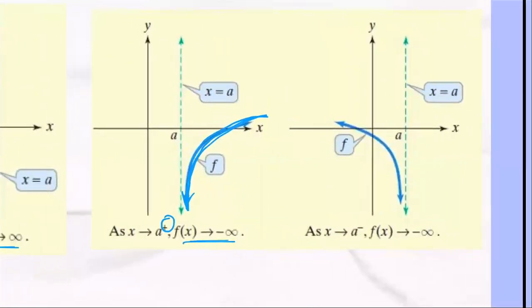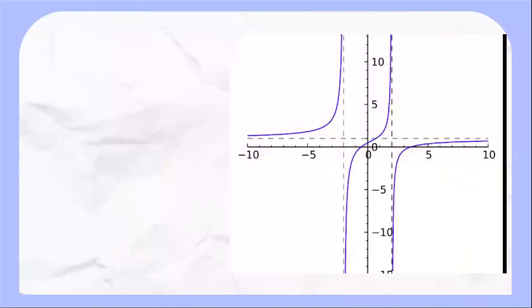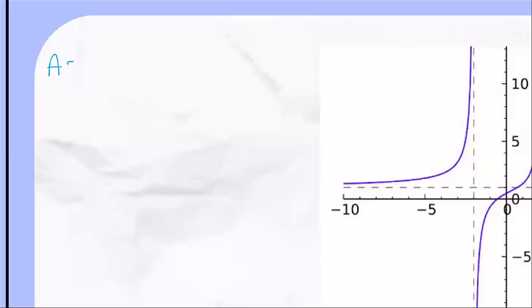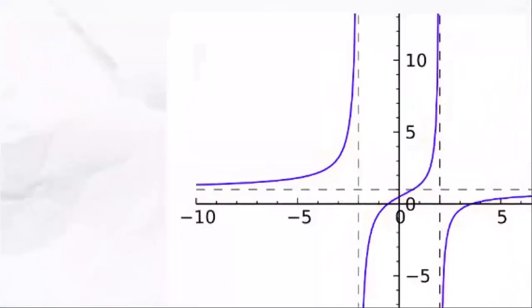Here's another one showing you as x goes to a from the left. So from the left to the right, I'm looking to see what is happening on my y's. And they again are going to negative infinity. All right, let's look at one with actual numbers. So let's say that I wanted to know as x approaches -2 from the left.